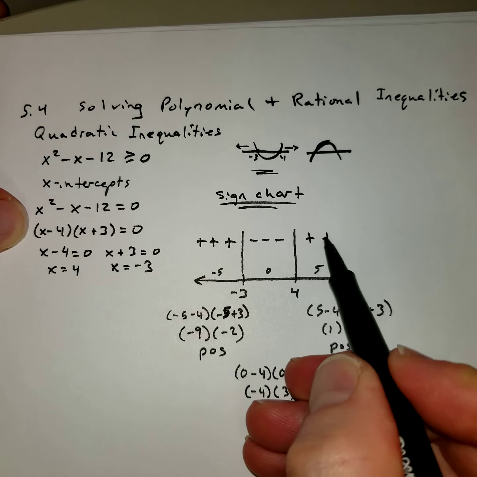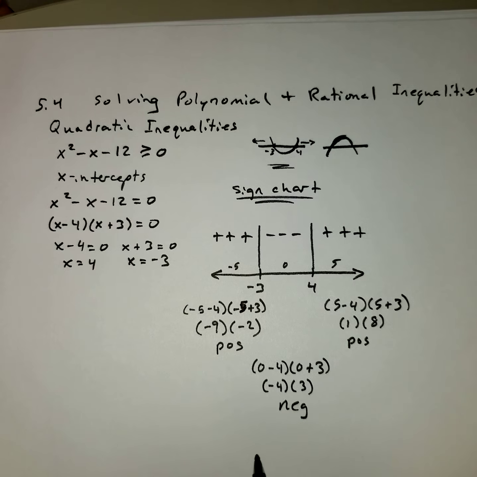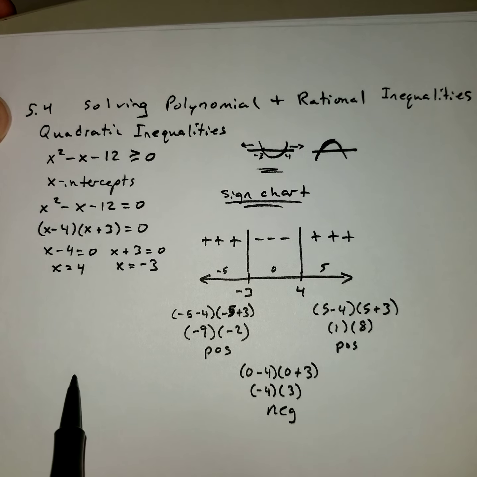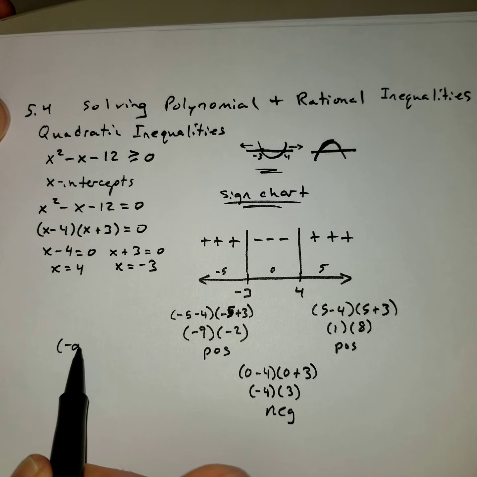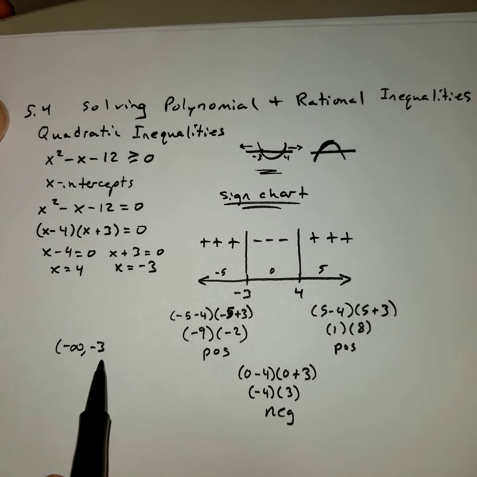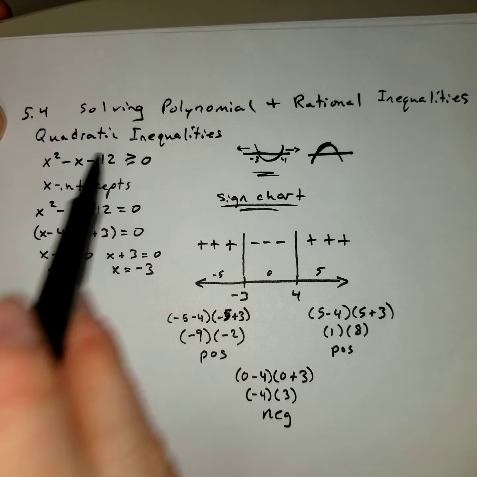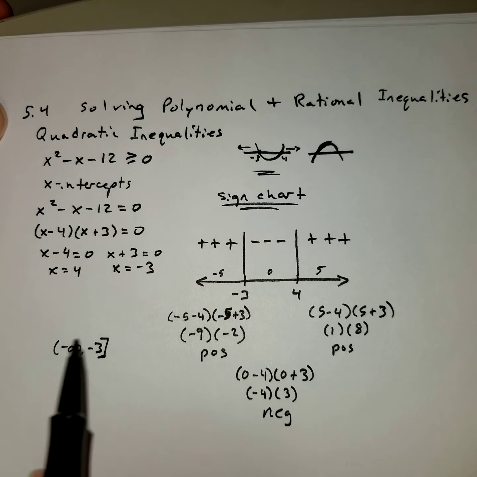And now when comparing positives and negatives, comparing this to our inequality, which says greater than 0, I want all the positives for my solution. So our final solution, the intervals that will work for this, are going to be negative infinity to negative 3. We're going to include the negative 3 because of the equal sign in the inequality.